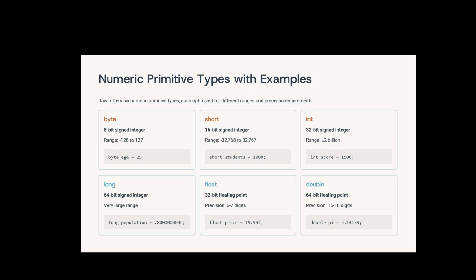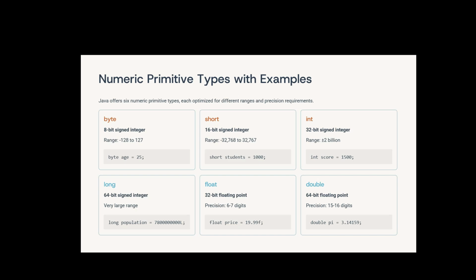Well, talking about numeric primitive data types, Java offers 6 numeric primitive types, each optimized for different ranges and precision requirements. Talking about byte, it is an 8-bit signed integer ranging from -128 to 127. For example, byte age = 25.